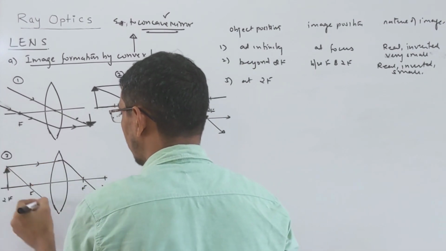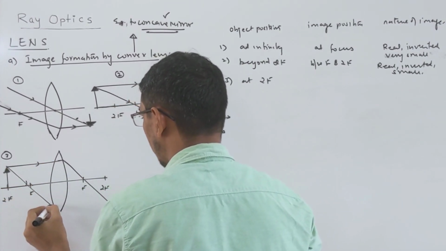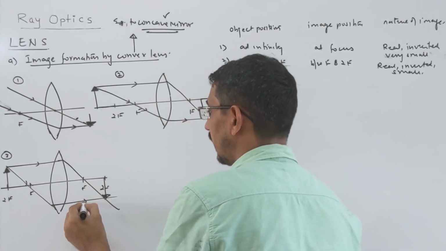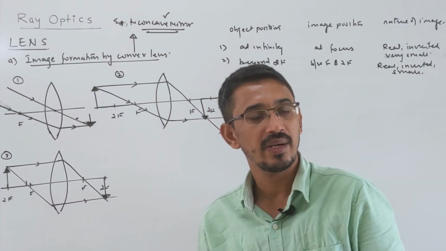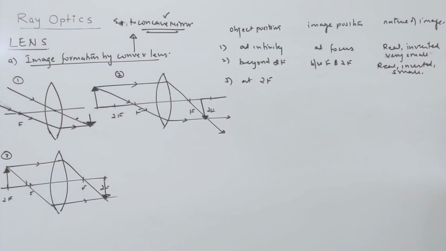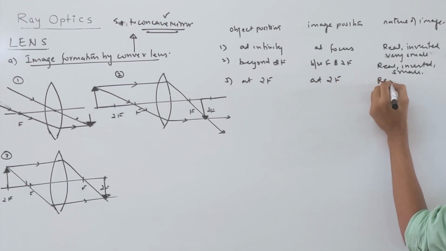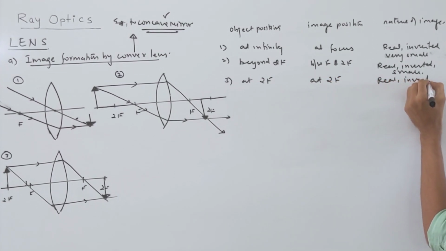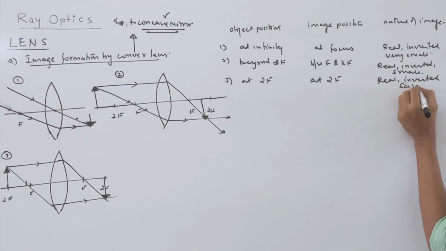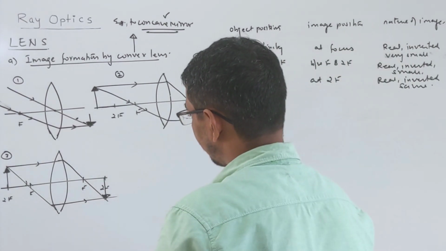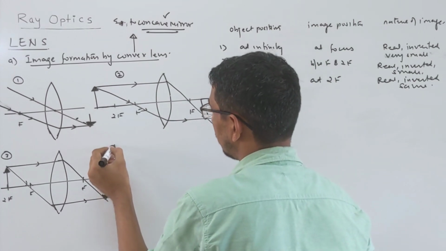One ray passing through the focus becomes parallel. So they will meet again at 2f only. They are really meeting, so the image will be real, inverted and the same in size, right? Exactly the same. Correct?